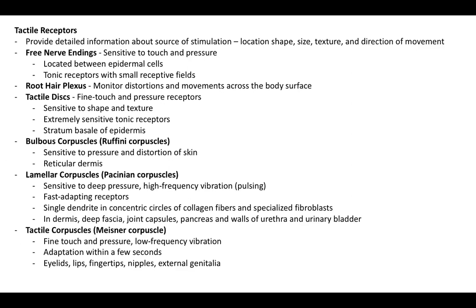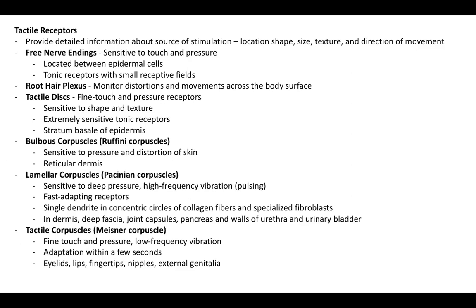Then we have the Ruffini corpuscles, also called bulbous corpuscles. These are sensitive to pressure and distortion. They're in the lower layer, the reticular dermis, so you have to have pretty deep distortion and pressure into the skin for these to be stimulated. Then you have Pacinian corpuscles, the lamellar corpuscles. They are deeper in the dermis.